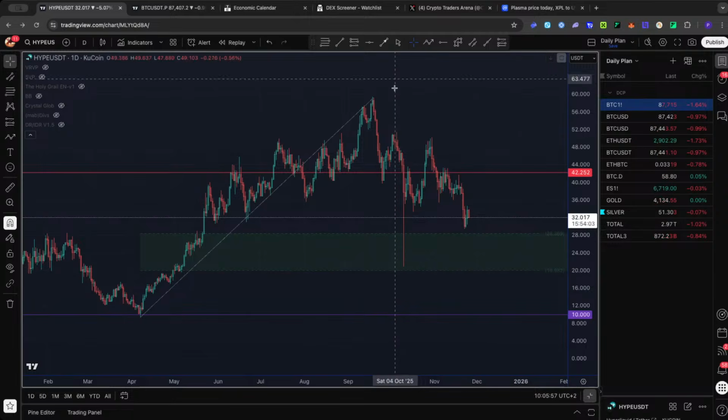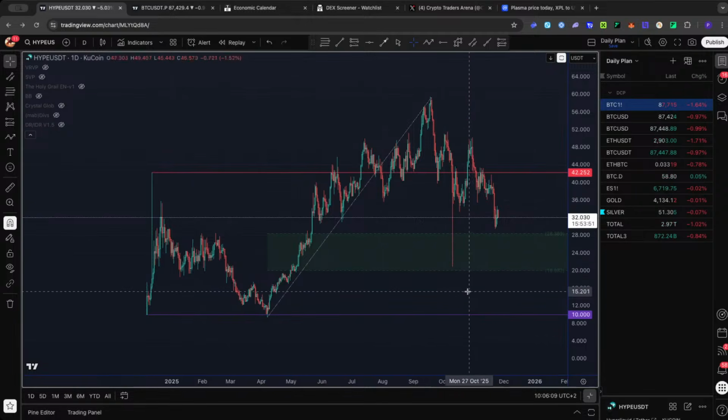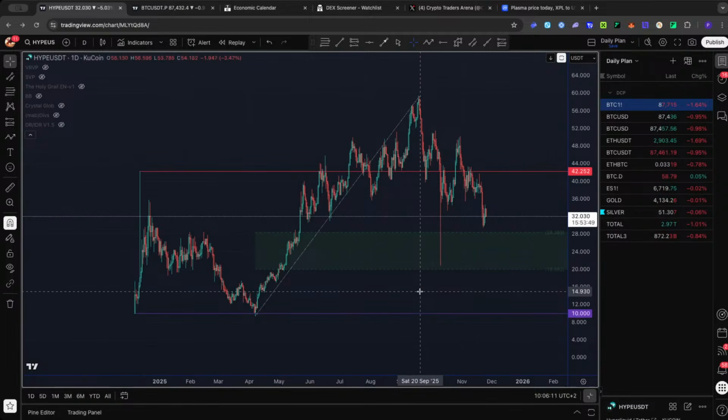Now this tail needs a retest, and what we are doing now is retesting that tail. Everyone is panicking, saying hype is done. No. Normal price action. Nothing bad. I told you multiple times, don't invest here. I cannot tell you to invest. Well, we'll go to $100. Also, what?